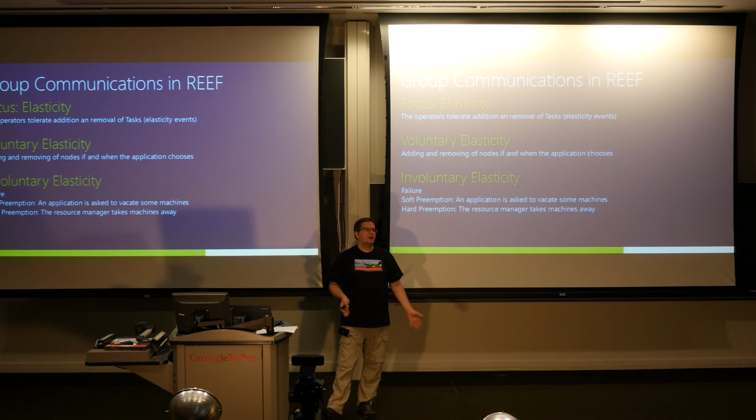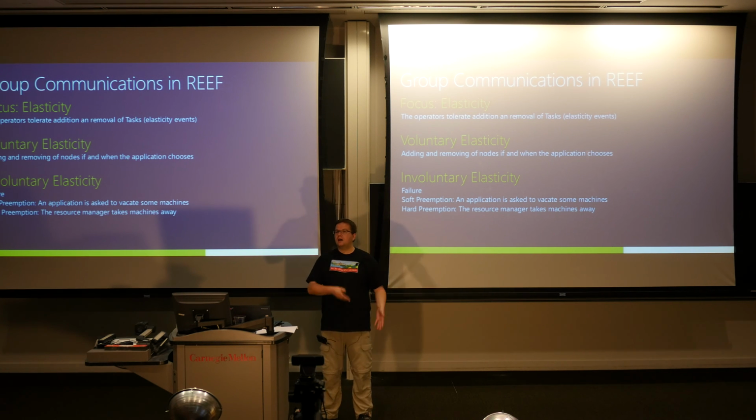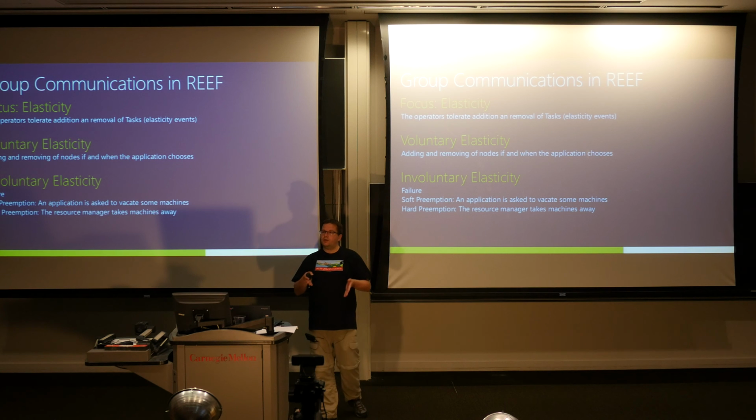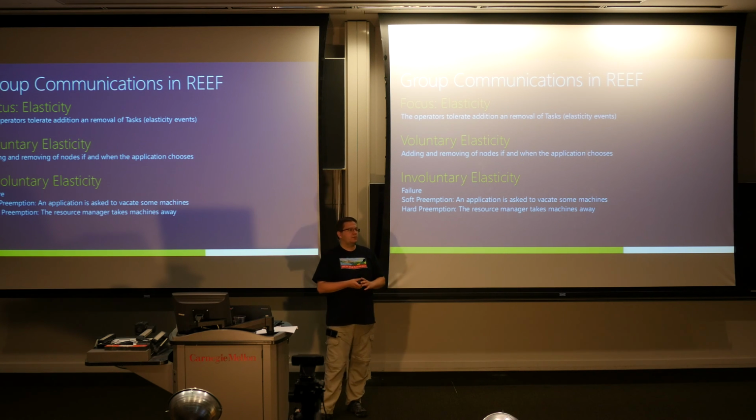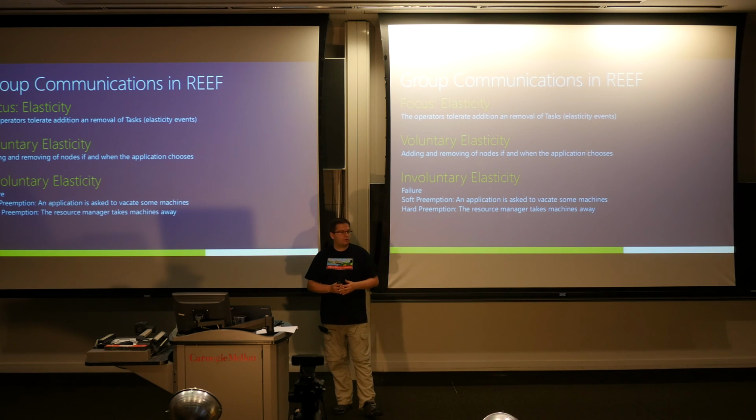You can reshuffle data if you want to do that. The other case is hard preemption. That is, if you either fail to react to the soft preemption attempt, or if the cluster is just configured to do only hard preemption, then it will just take containers away from you. That will not look any different in effect than failure.